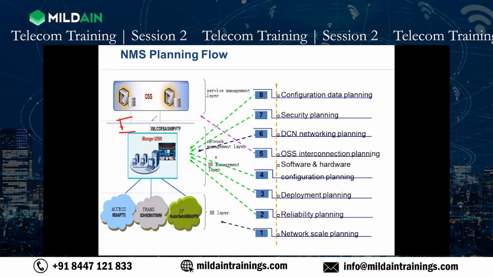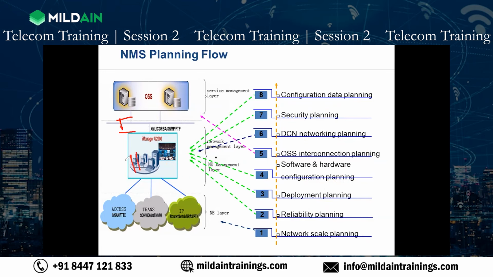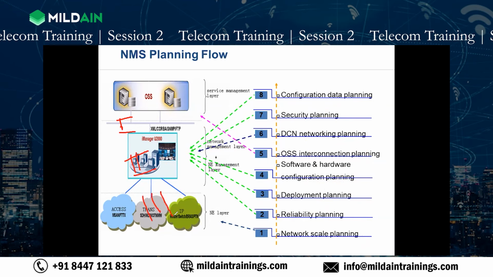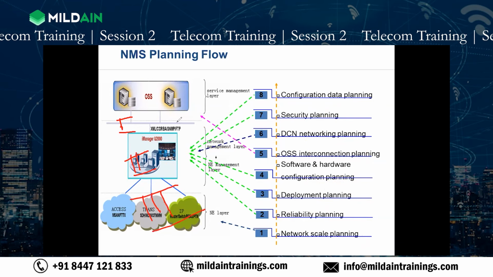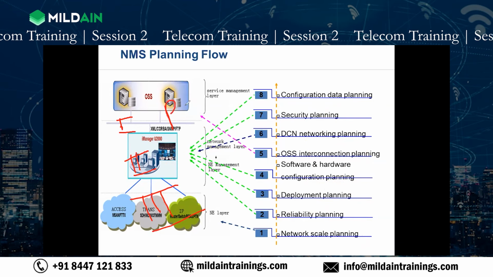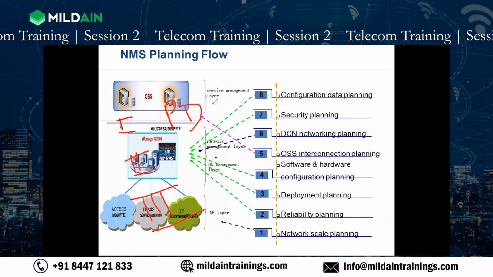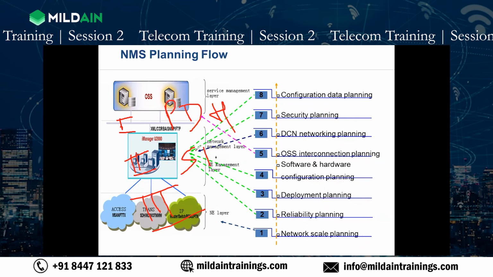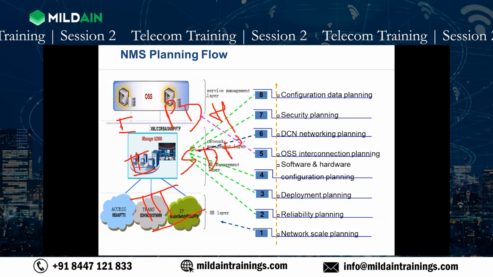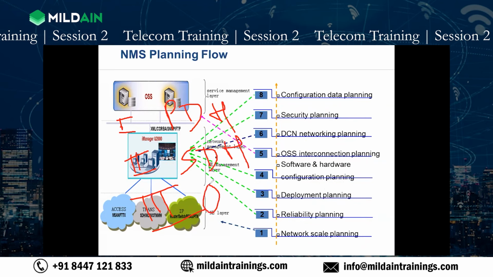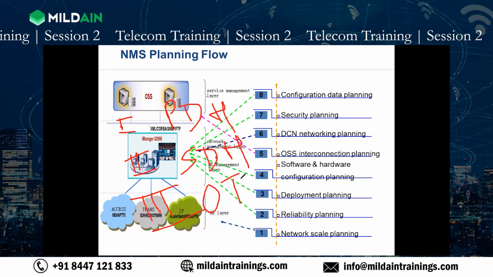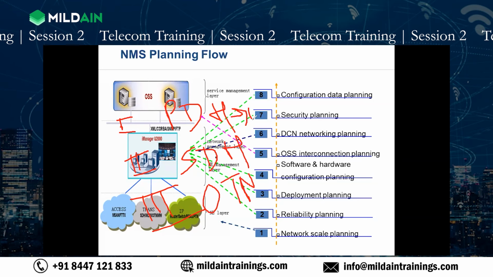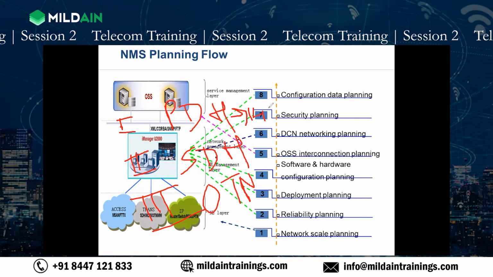PDH is first generation, SDH second generation transport, and OTN third generation transport. Maximum capacity in PDH is 140 MB per channel.